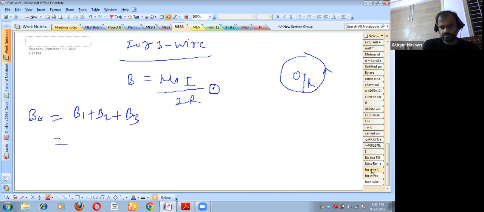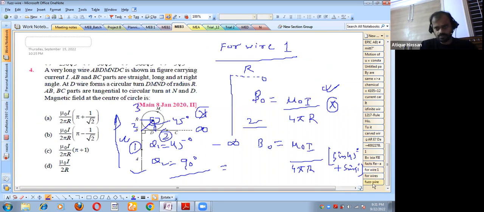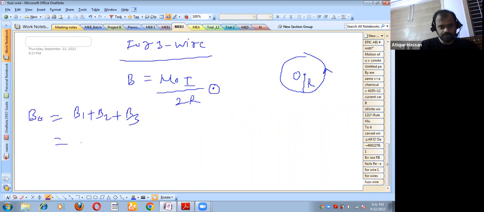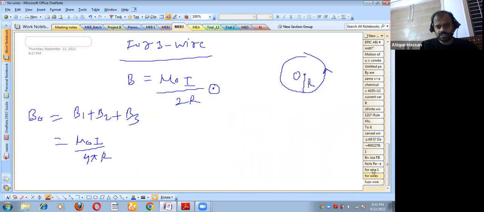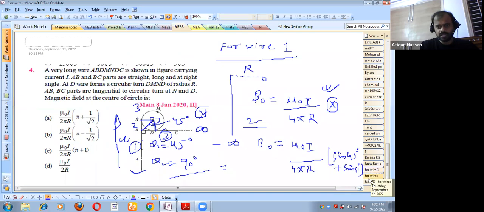The magnetic field due to the first wire was mu naught I by 4 pi r, and we can take outward as positive, so we will take inward as negative and put a minus sign.